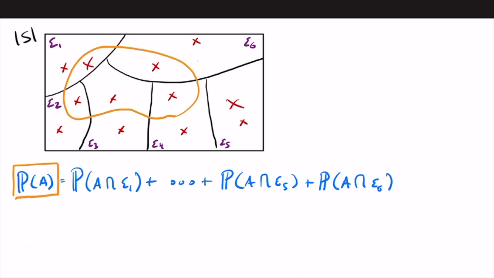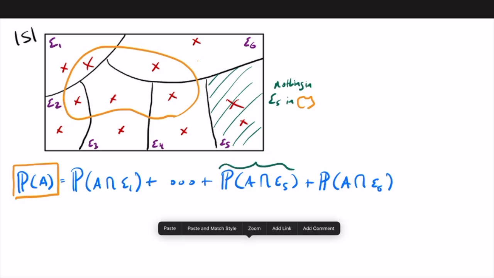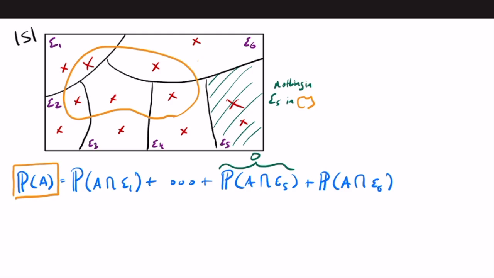Interestingly enough, this doesn't include E5, which is fine. What I want to show is that E5 is not in there, so nothing in E5 is in this thing. So this whole probability will be 0, and that's totally fine.